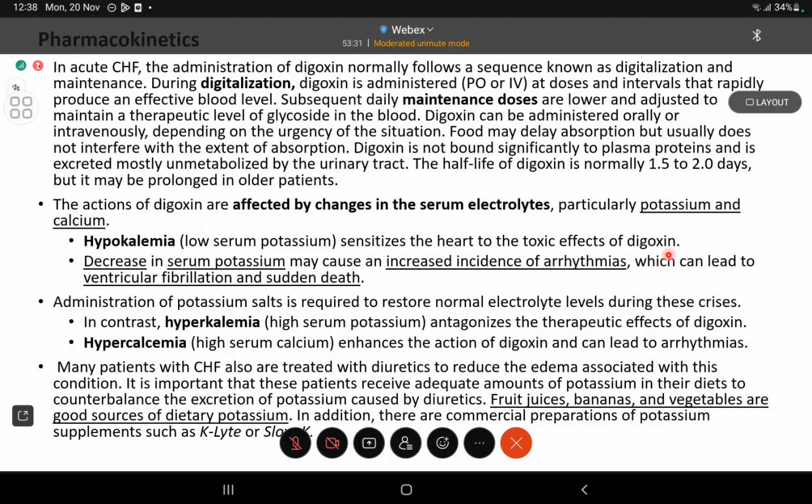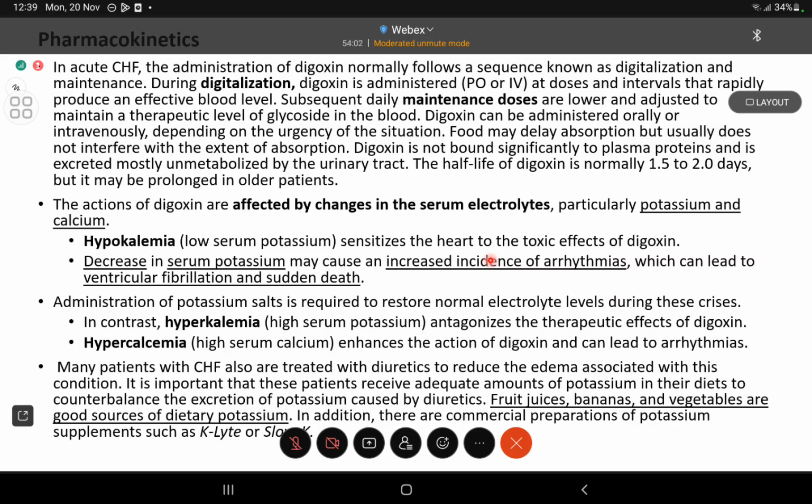It means that if you didn't control the dosage well, and you use a diuretic like thiazide, which may cause hypokalemia, isn't it? This hypokalemia may sensitize, or increase, the toxic effect of digoxin if you use them together. Okay, bear in mind this one.